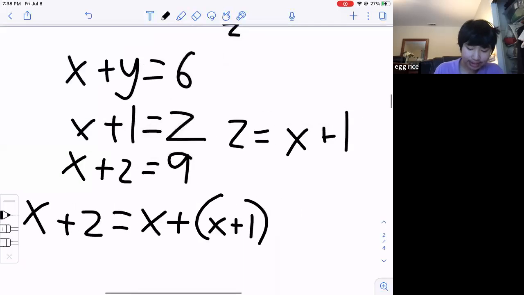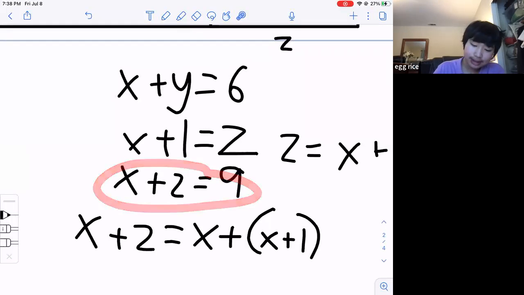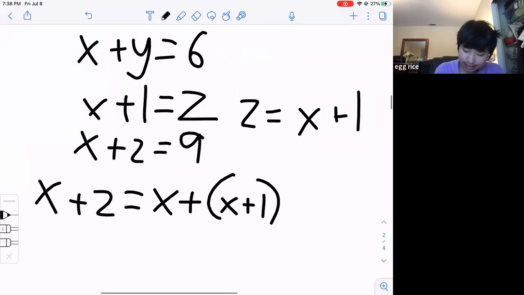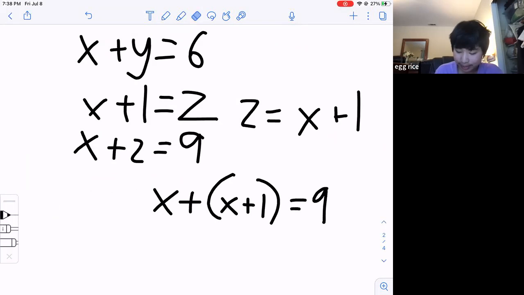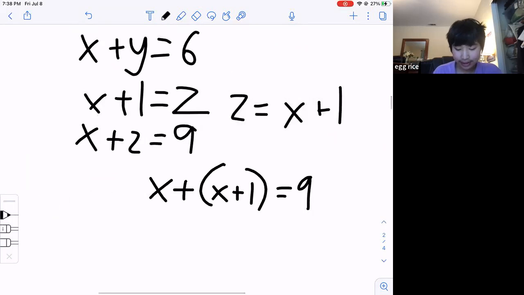Since we also know that x plus z equals 9, then we know that x plus 1 also equals 9. And we don't even need this anymore. Now we know this is true. And if we know that this is true, then we can use this to easily figure out what x is.